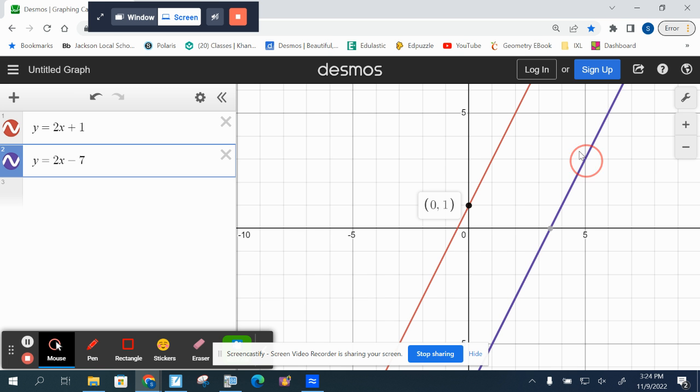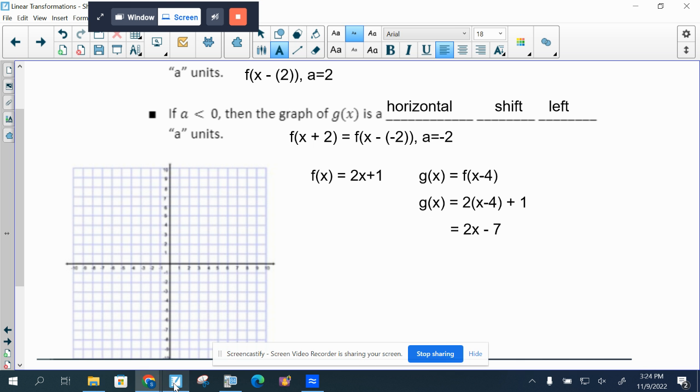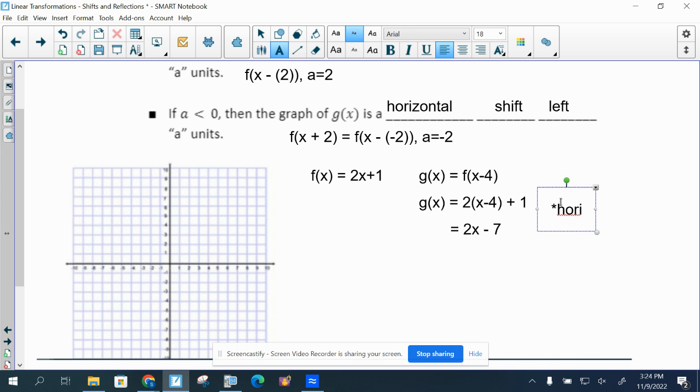Here to here, 4 units. 2 to 6, 4 units. -2 to +2, 4 units. So x minus 4 caused a horizontal shift 4 units to the right.